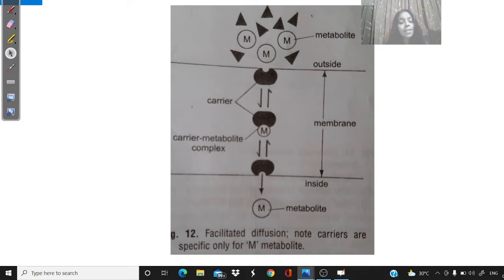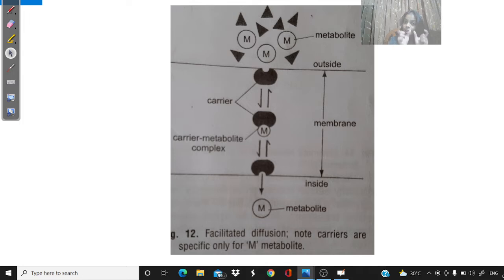Now why does it need this carrier? Because such a metabolite must be a hydrophilic substance. Hydrophilic means water loving, which means it will not be able to pass through the lipid bilayer because it's not soluble in lipid.